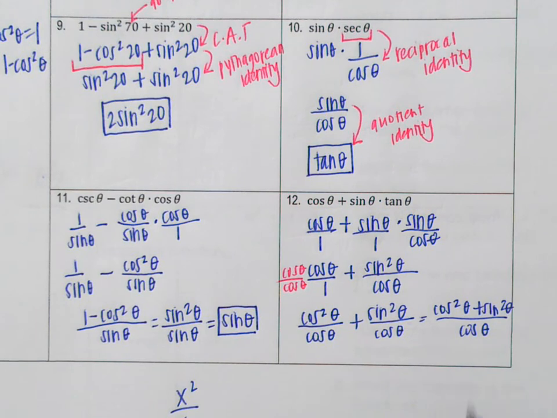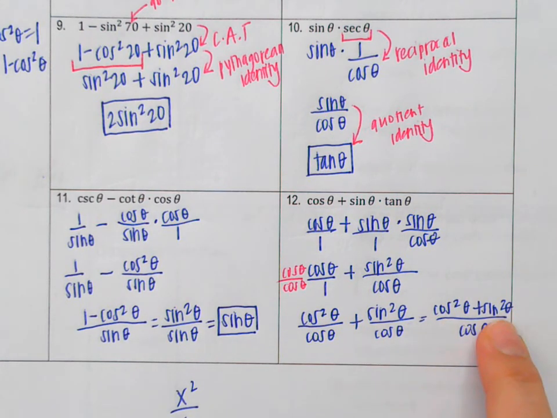Now I'm thinking, okay, well, I have my squares in there, so I want to use the Pythagorean identity. Well, we know the Pythagorean identity is sine squared theta plus cosine squared theta is equal to 1. Well, if I flip those around, they're adding, so we can do that.